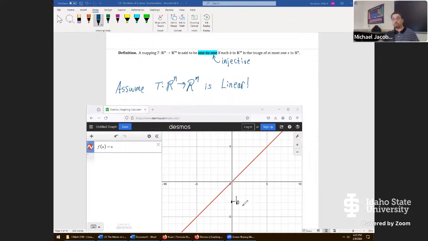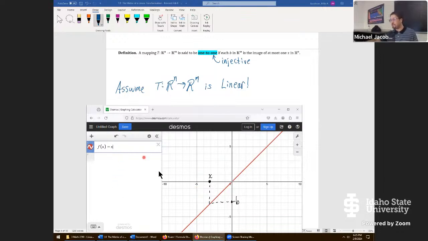Sure enough, it's the image of at most one X value. There's no other way to get to this value B here because the line is straight. You have to use exactly that. If there were two ways to get to B, we would have said that this is not one-to-one. But for the moment, that's our picture for a one-to-one mapping.